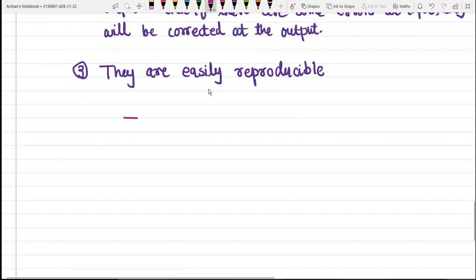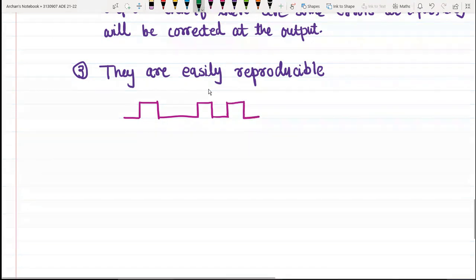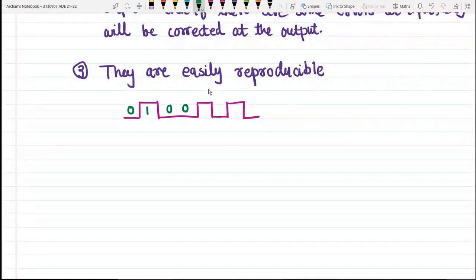So I have this digital signal. I am having 0 value, 1 value, then again 0 value, 1 value, 0 value and 1 value. So this signal is comprising of 0, 1, 0, 0, 1, 0, 1 and 0. This is my digital signal, and on the counterpart I will have one analog signal. Say this is my analog signal, right?